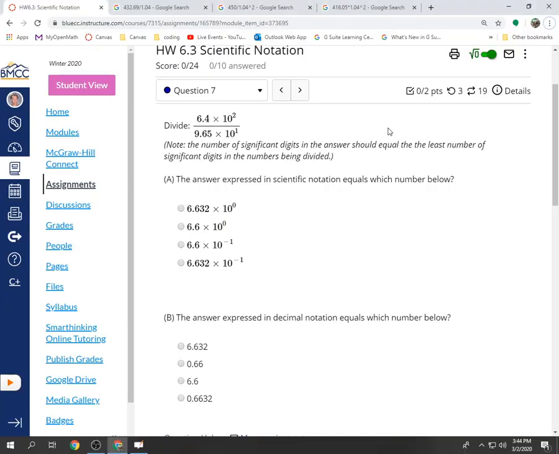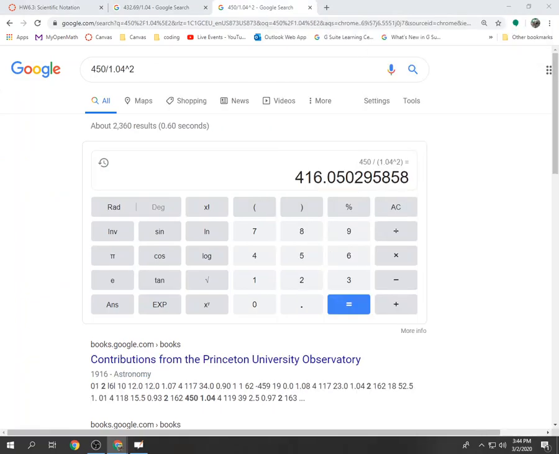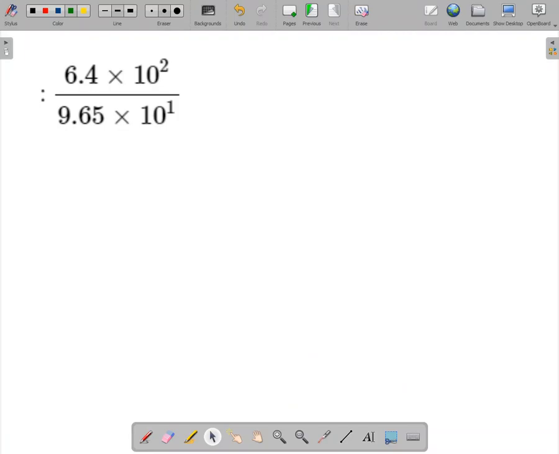All right, so let me get a calculator up here. Just put 6.6 times 10 to the second.